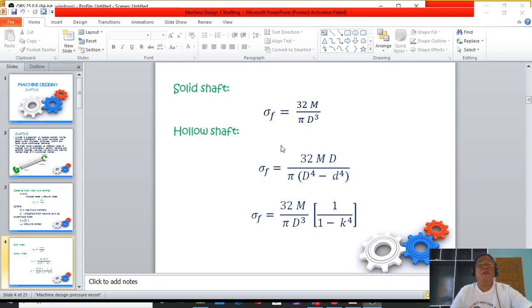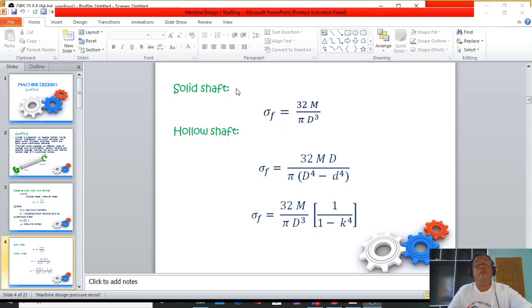So actually, class, you can use the equation MC over I, where I is equal to pi D to the fourth over 64. Okay?